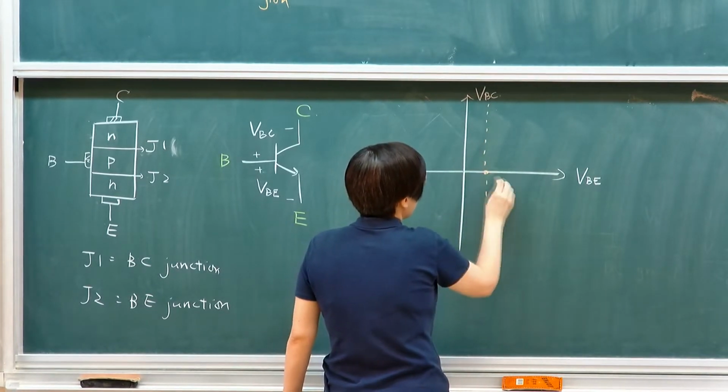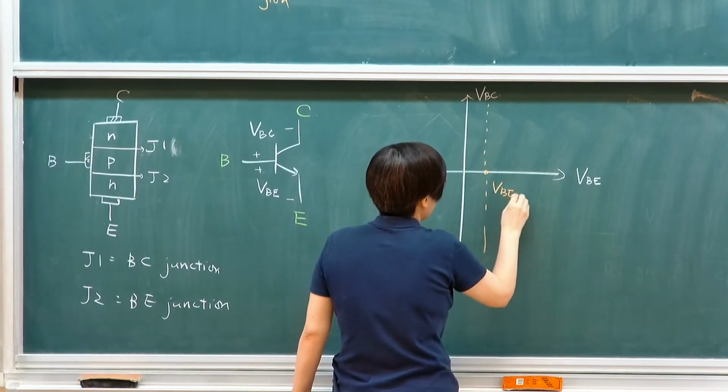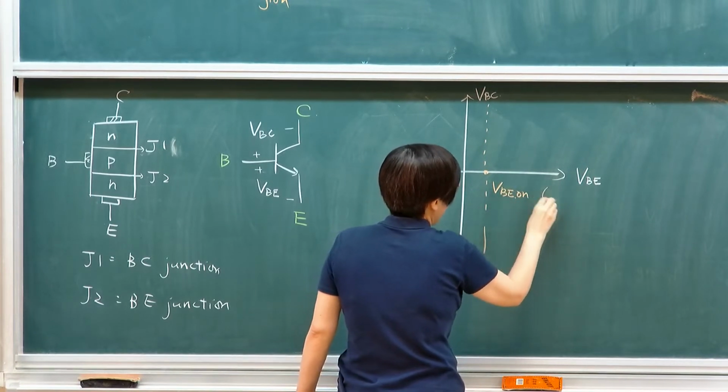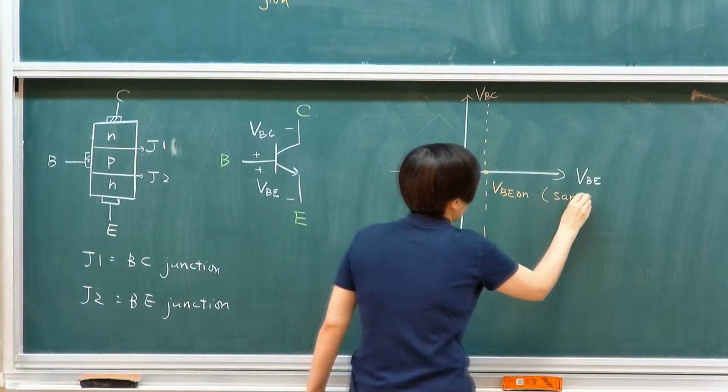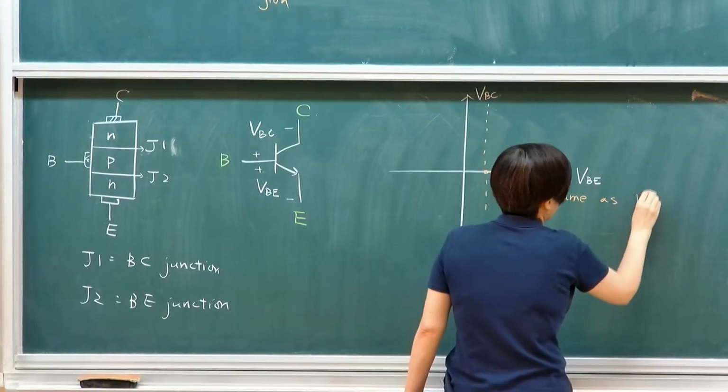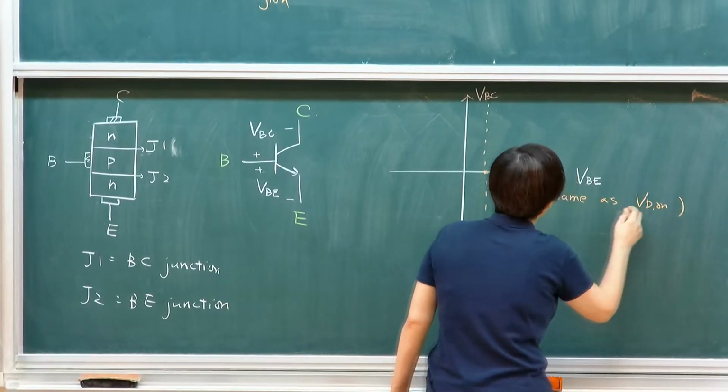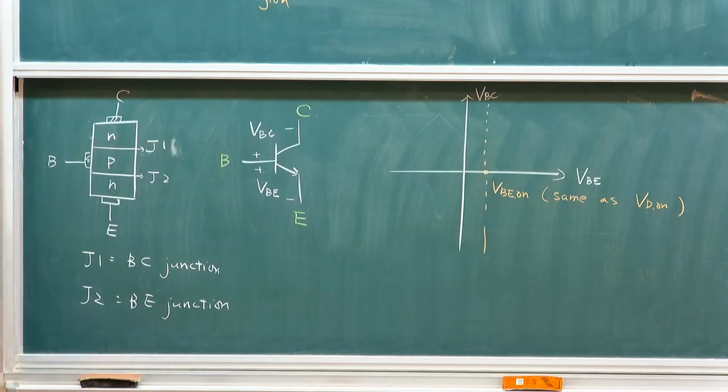This is VBE on. This is the same as a diode turn-on voltage, the same as VD on. It's just a limit specific to the BE junction.